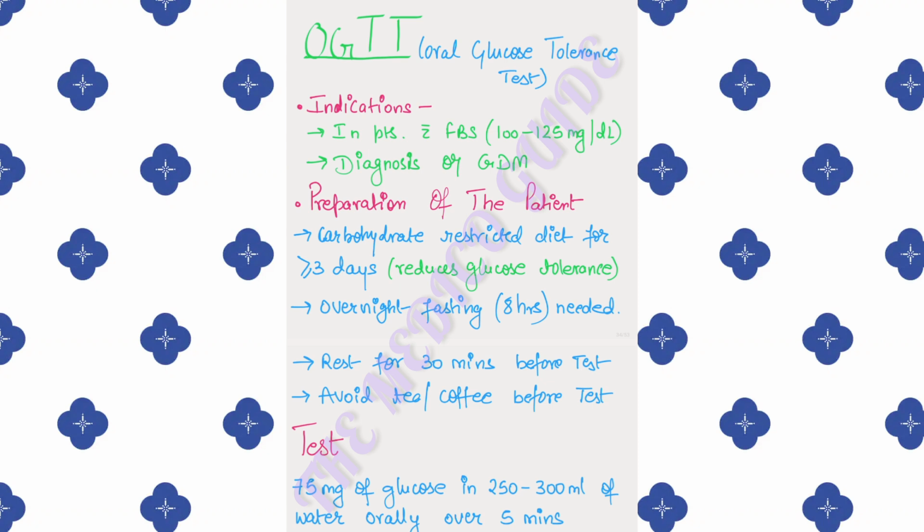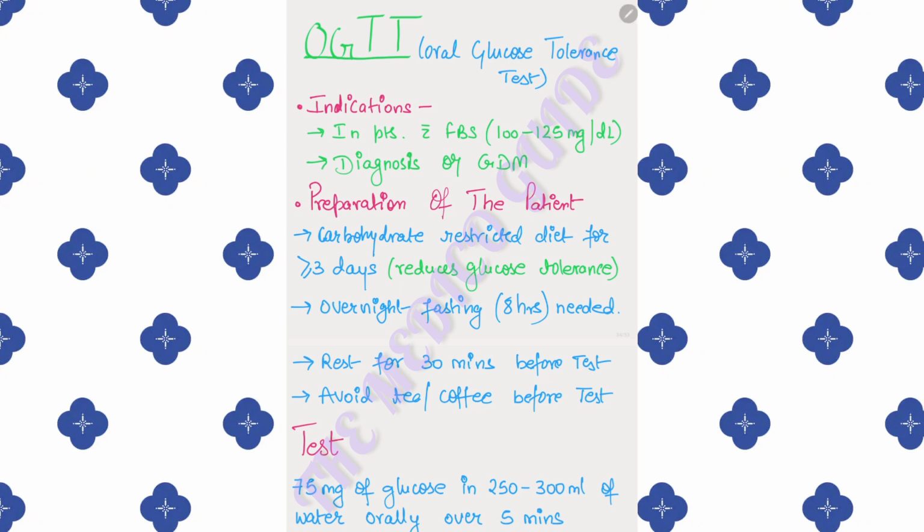Now, what are the indications, for example patients with fasting blood sugar levels of 100 to 120 mg per dl? Let's revise the criteria that the WHO set to categorize a patient as a frank diabetic: fasting blood sugar levels more than 126.